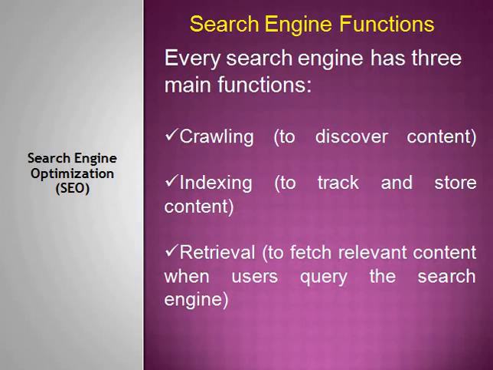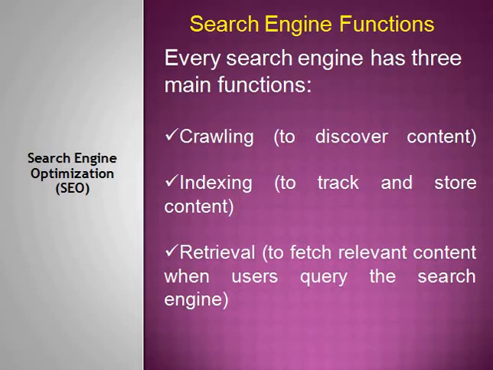So this is called crawling. All the time, 24/7, they are searching for new information. That is the first function of a search engine, crawling. Crawlers or bots are small software programs, right?